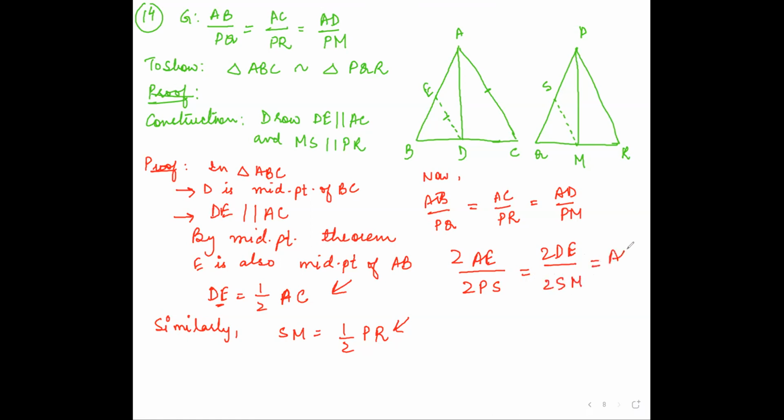And this is equal to AD by PM. So 2 will go out now. I'm left with AE upon PS is equal to DE upon SM is equal to AD upon PM. Right? So which triangles are now similar? Tell me.